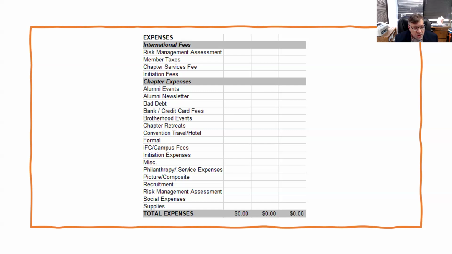If someone told you they were going to be back in classes this fall, but for whatever reason they decide not to come back, maybe they study abroad, we can give you a credit as long as you update your rosters to us no later than October 1st. If there's something weird going on where you need a little bit more time, just communicate with us and we will work with you on it. Now, if it's May 1st and you're telling us someone wasn't a member, we might not be able to work with you as much. But I promise you, we'll always do our best.